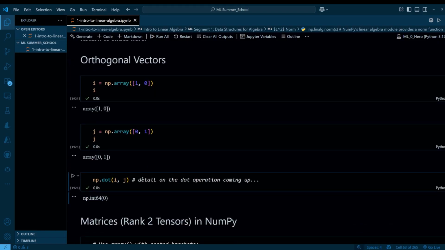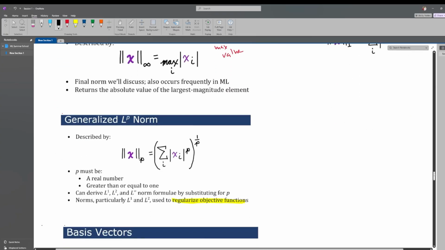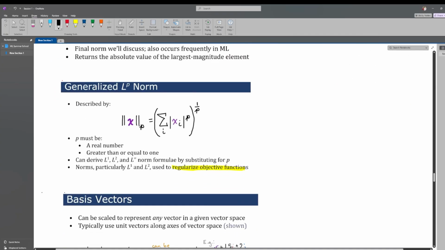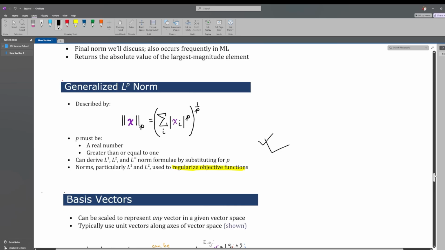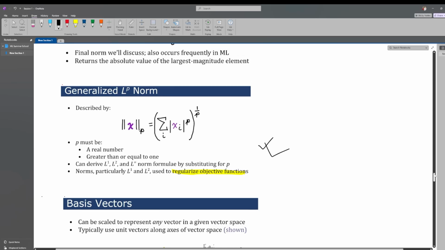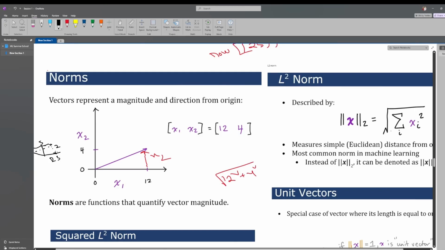Then we have something called orthogonal vectors, okay. So what are orthogonal vectors? Again, if we're talking about this, we should know about the generalized Lp form. We have just seen that earlier, talking about the L2 norm. If you look into the L2 norm, you can see the root.